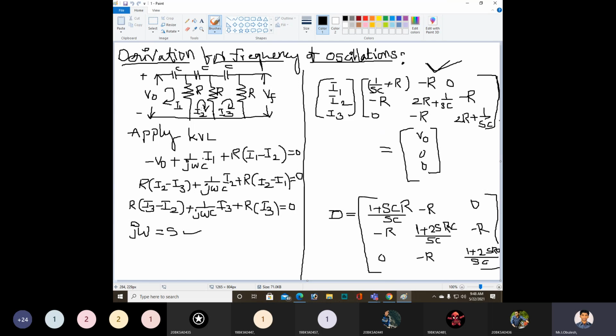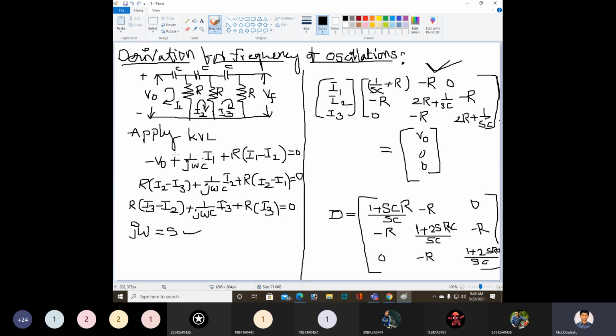Here we are going to find the derivation for frequency of oscillations for the RC phase shift oscillator only. Because of that reason, here we are taking 3 RC phase shifts. See, RC, RC, RC. Here we have 3 RCs. So you need to apply KVL for the various loops. Here we have 3 loops.